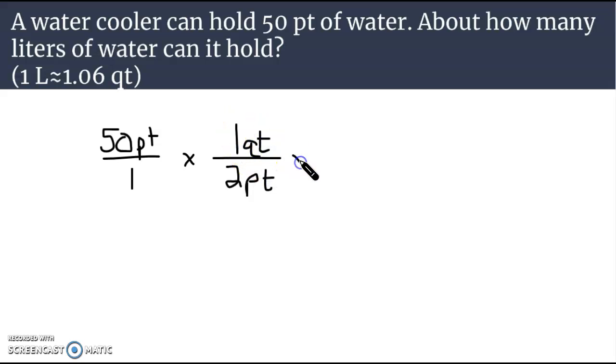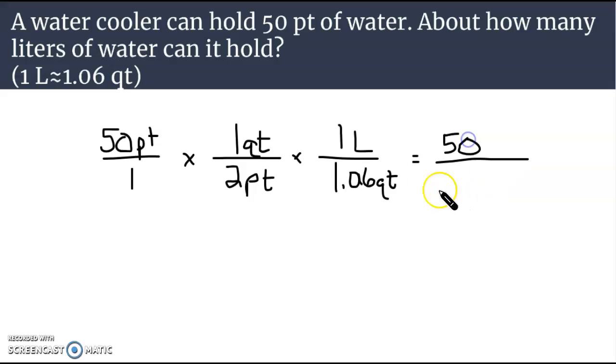And then the conversion they give us here, when we have 1.06 quarts approximately, that is equivalent to 1 liter. So the math here is 50 times 1 times 1 in the numerator, and 1 times 2 times 1.06 in the denominator. So we could do 50 divided by 2 divided by 1.06.